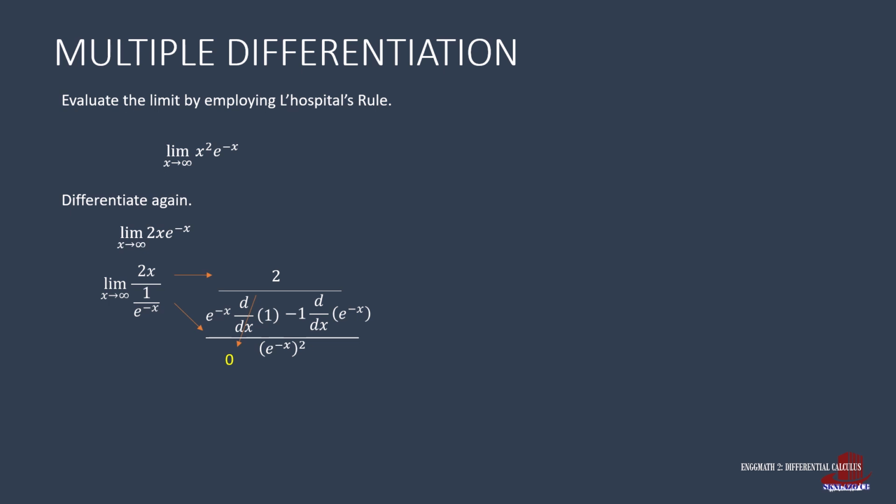D over dx of 1 is 0, so the simplified limit is now 2 over negative 1 times e raised to negative x. Then chain rules d over dx of negative x, all over e raised to negative 2x.